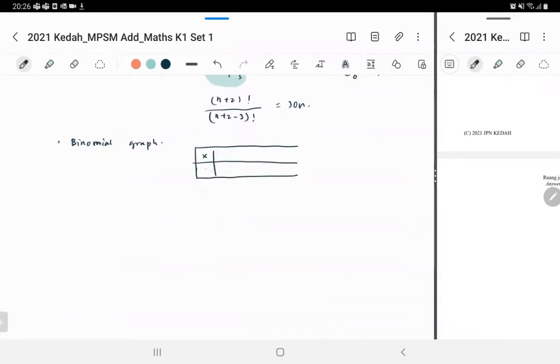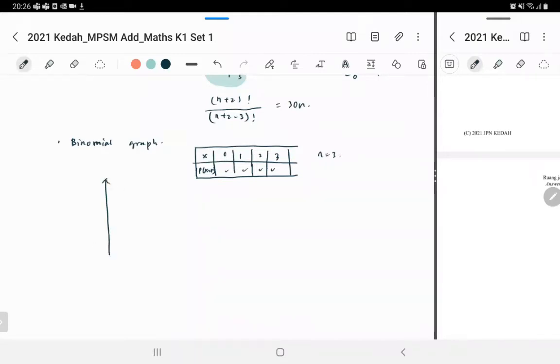Normally you will have the x value and then the P(X = r), and then the x is 0, 1, 2, 3, for example. If you have 3 trials, then until 3 only. Okay, and then you need to remember all these 4 probability plus together, it shall be equals to 1. Okay, if there is only 3 trials, n equals to 3 only.